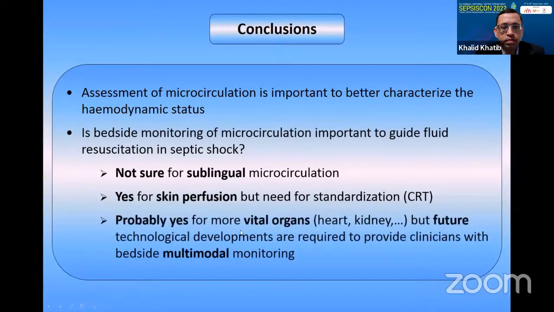And probably yes for more vital organs like the heart, the kidney, the liver, etc. But we need future technological developments to provide clinicians with bedside multimodal monitoring. So I would like to thank you very much for your attention, and to say that it is nevertheless very difficult to predict what could be the future. Thank you very much.